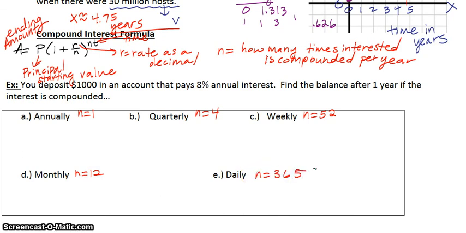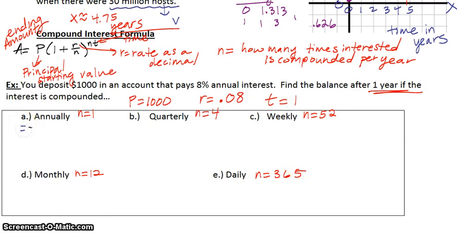In this next example, it has the same starting amount and the same R, changed to a decimal every time, and it told me after 1 year, so T is going to be 1, but N is going to change every single time. Let me show you how this formula is used.